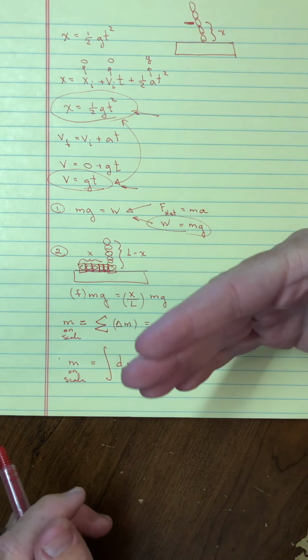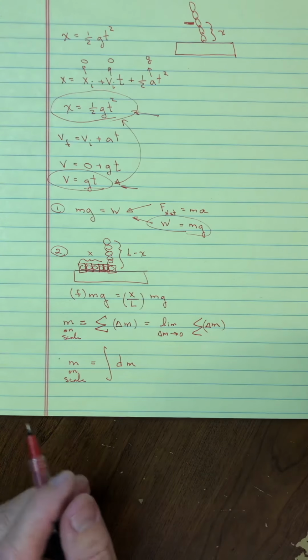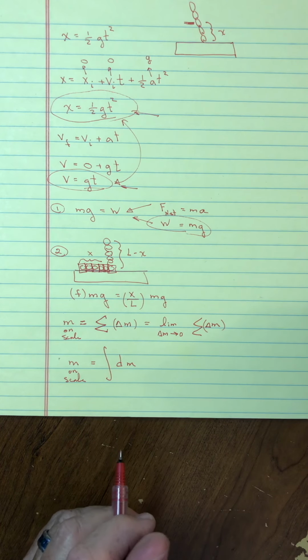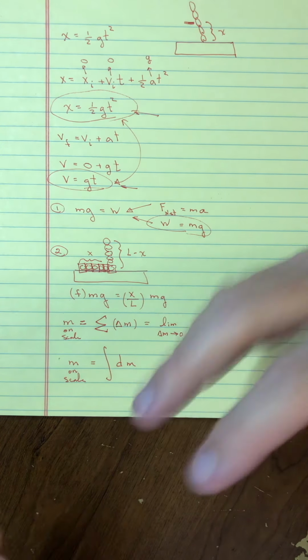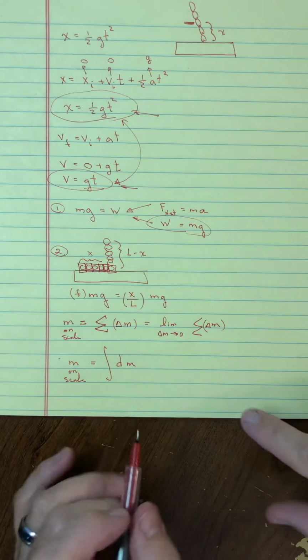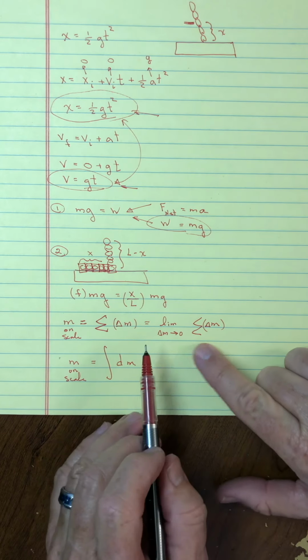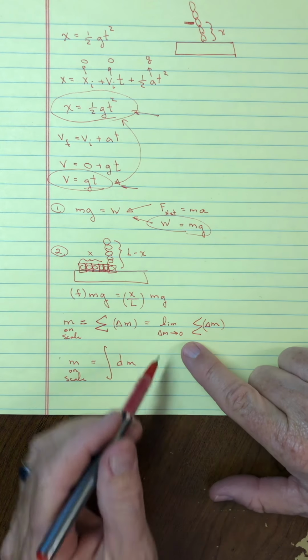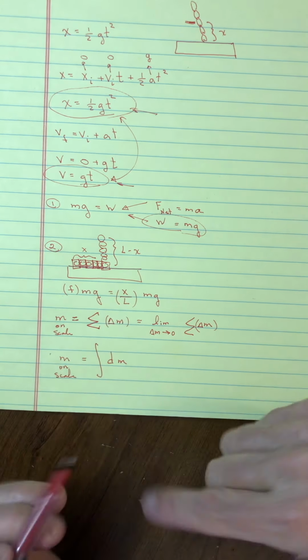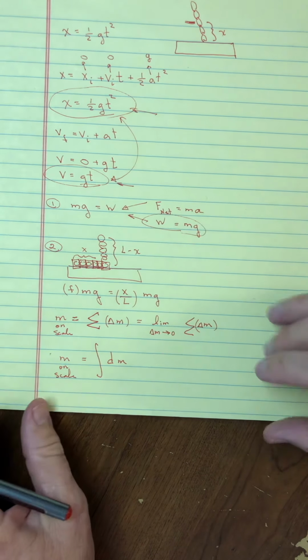Because I know you've learned calculus in your calculus class, but sometimes the hard part of physics is knowing that you're supposed to actually use the calculus. And so I think the definition of the integral is really nice to write as a summation, because anytime you have a summation of a lot of pieces, you're probably going to switch it over to an integration. Okay.